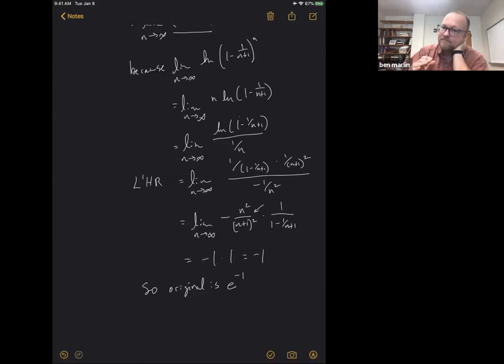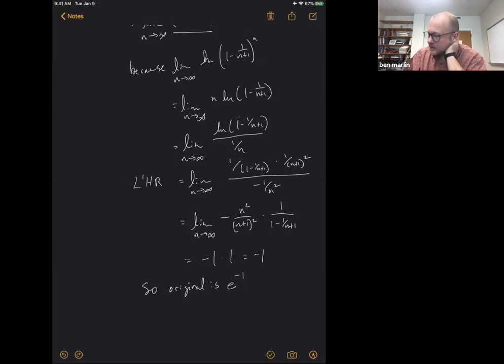Same powers. So when we go to infinity, we just divide the coefficients of the highest powers, the n squareds, and we get 1. And then this other piece here has 1 over 1 minus 1 over n plus 1. Messy. But this bit here goes to 0, and that tells you that this bit here turns out to be 1. Okay?